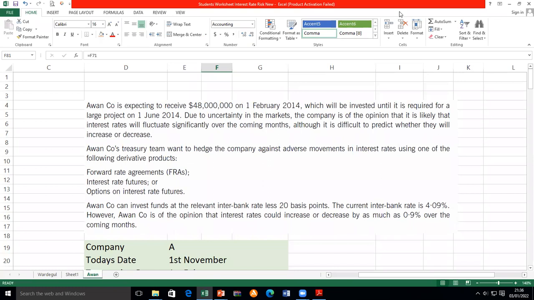One can invest at the relevant interbank rate less 20 basis points. That's where the 20 basis points is coming from. Now remember, 20 basis points is 0.002, so in terms of percentage, it's 0.2%.